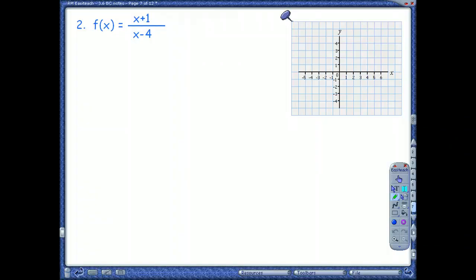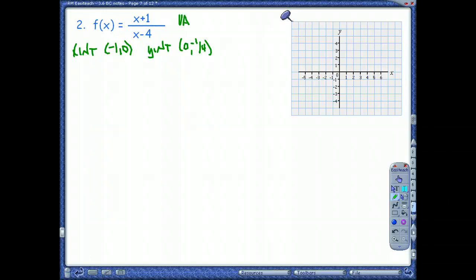Okay. Now with this one, we've got a little bit more fun because we have a rational function. We have the ability to talk about x-intercepts, y-intercepts. If I find my x-intercept, that's going to happen at -1. I know I have a y-intercept at 0, -1/4. So there's a lot of things I already know about this function without using calculus, and if it's a multiple choice problem, I'm allowed to use all of that information.